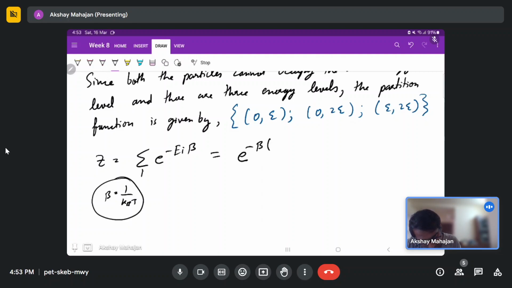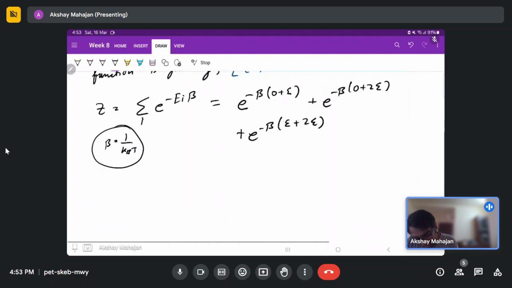One case will be 0 plus epsilon, then e to the minus beta times 0 plus 2 epsilon, and plus e to the power minus beta times epsilon plus 2 epsilon.